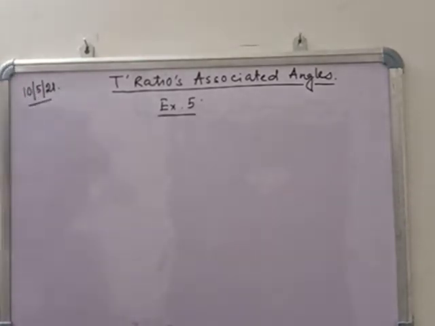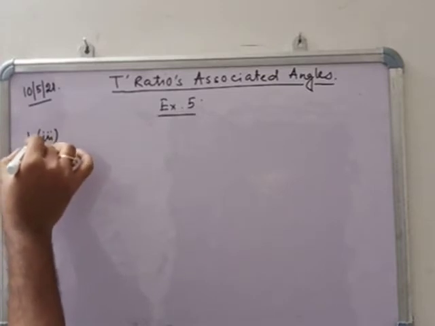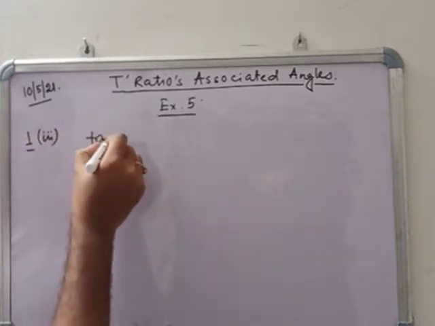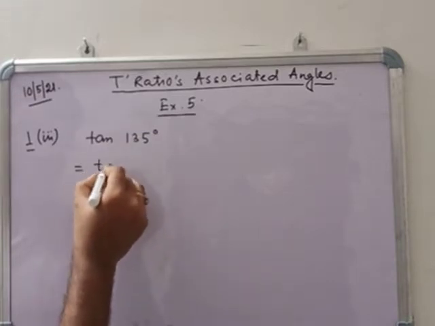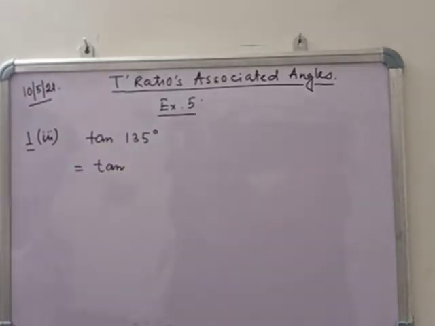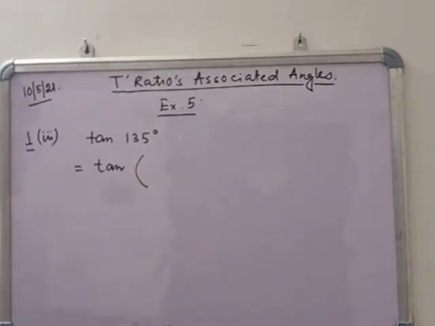Now, the next one, tan 135 degrees. We can express 135 degrees in minus or plus form.